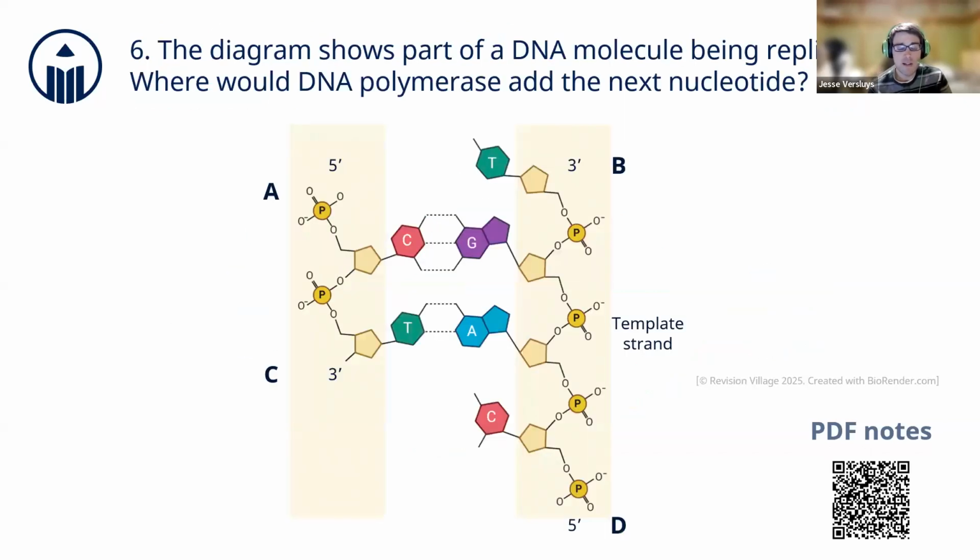Okay, here's another one. The diagram shows part of a DNA molecule being replicated. Where would the DNA polymerase add the next nucleotide? So we've got A, B, C, D this time. Where would the next nucleotide be able to add for DNA replication that's taking place here?